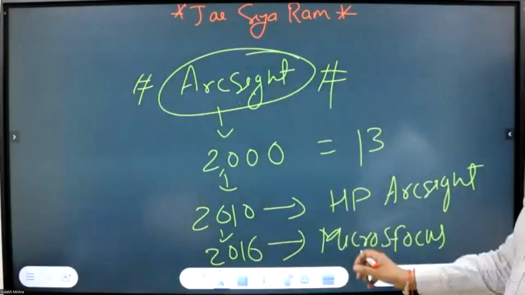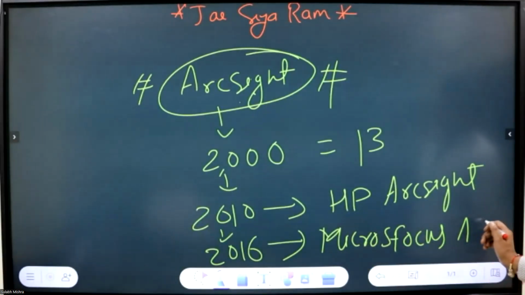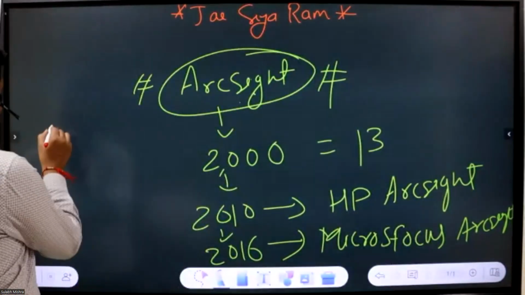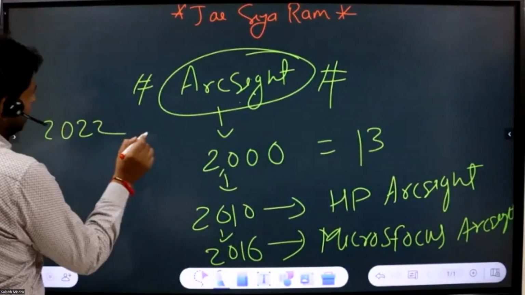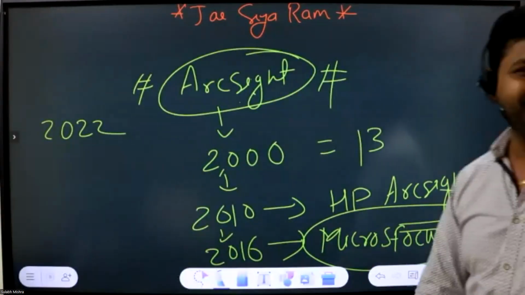From 2016 onwards, it became Micro Focus Arcsight. But in 2022, Micro Focus itself was bought by OpenText.